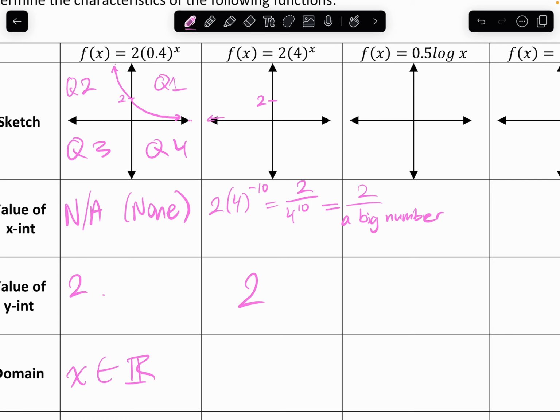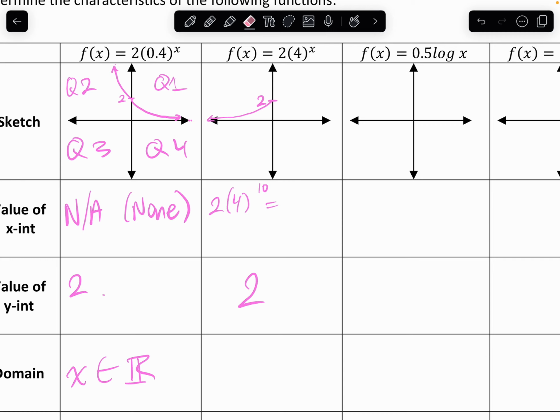And then we're going to come up, because it's divided by smaller and smaller numbers as we get closer to 0. And then we reach 0, and it's 2, because it's 2 divided by 4 to the power of 0, which is 2 divided by 1. Or just 2 times 4 to the power of 0, which is 2 times 1. Either way, it's 2.